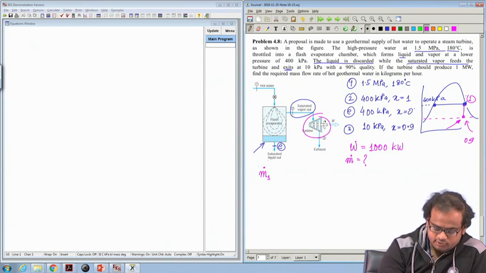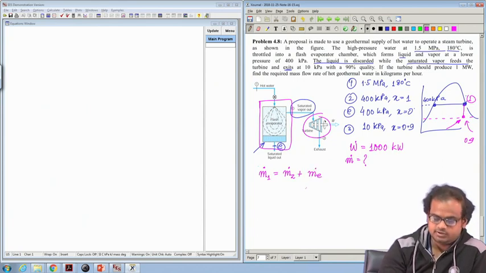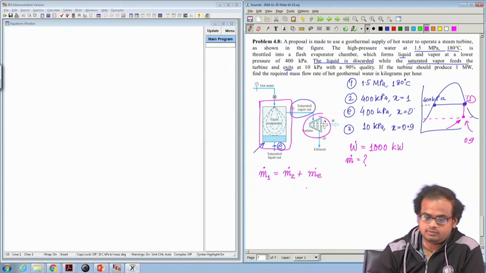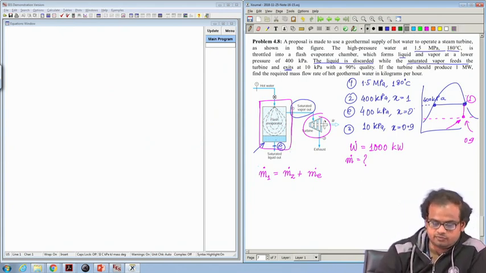So let us write down a control volume as the flash chamber. So for the flash chamber, the mass balance is m dot 1 is equal to m dot 2 plus m dot exit. This is the mass balance for this particular control volume, the flash evaporator.